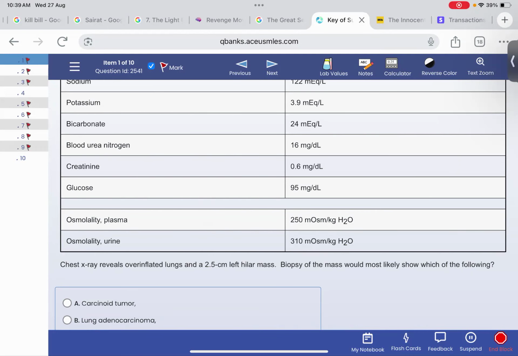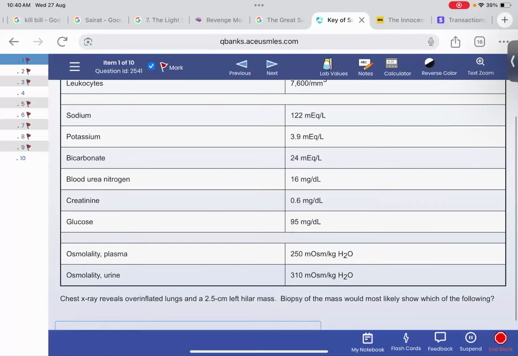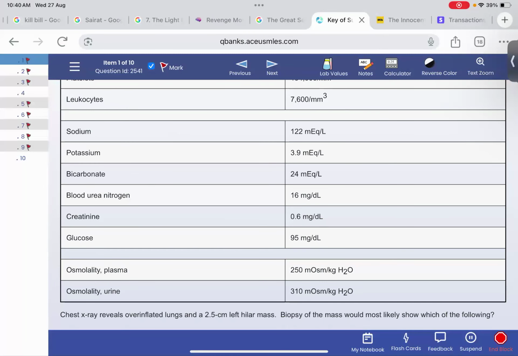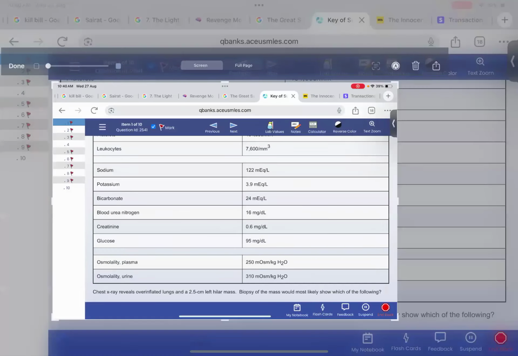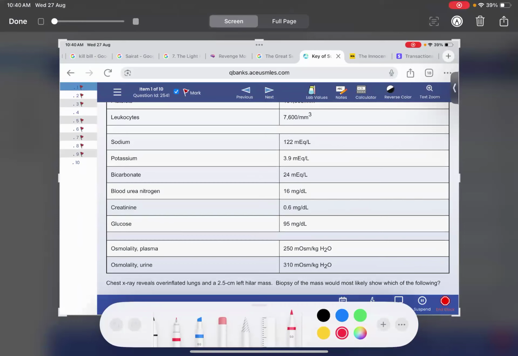So whenever we take the biopsy of this patient, it is likely COPD, but it is also indicating one of the most important presentations: decreased sodium level, and urine osmolarity is also increased.